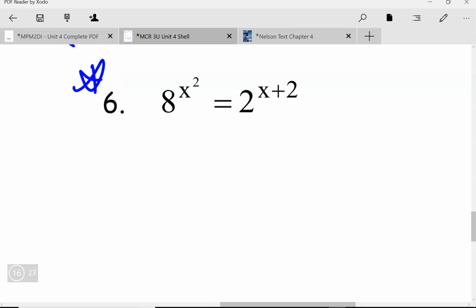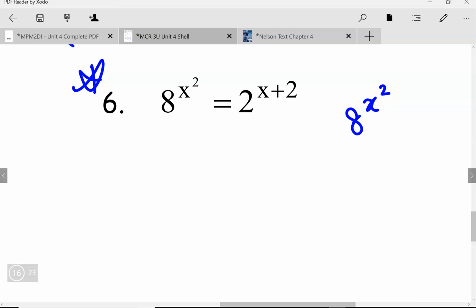And again, this is some kind of weird thing that's going on. You have to be careful here, because this is very specifically 8 to the power of x squared, right?